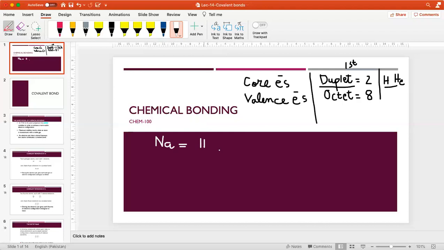The atomic number of sodium is 11, and the second example I will take is chlorine, whose atomic number is 17. It means sodium has 11 electrons and 11 protons, and chlorine has 17 electrons and 17 protons. The bonding is only related to the electrons. Protons are not involved in any kind of bonding.